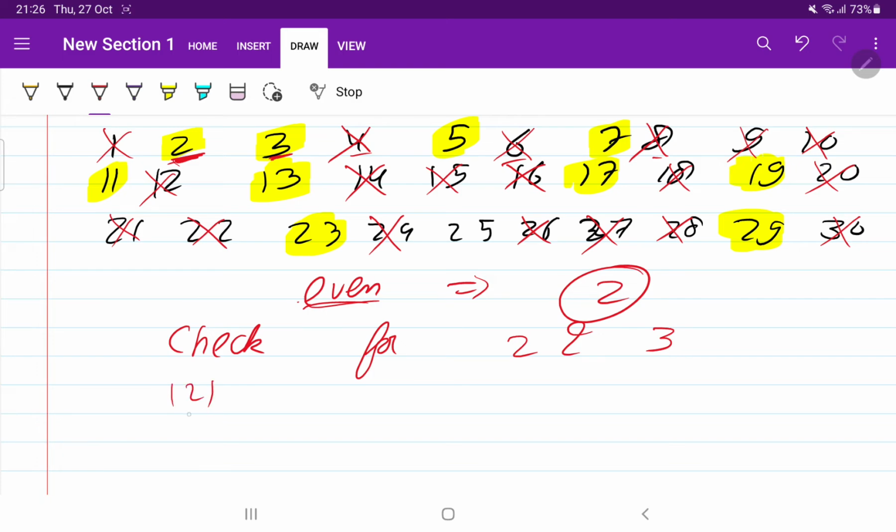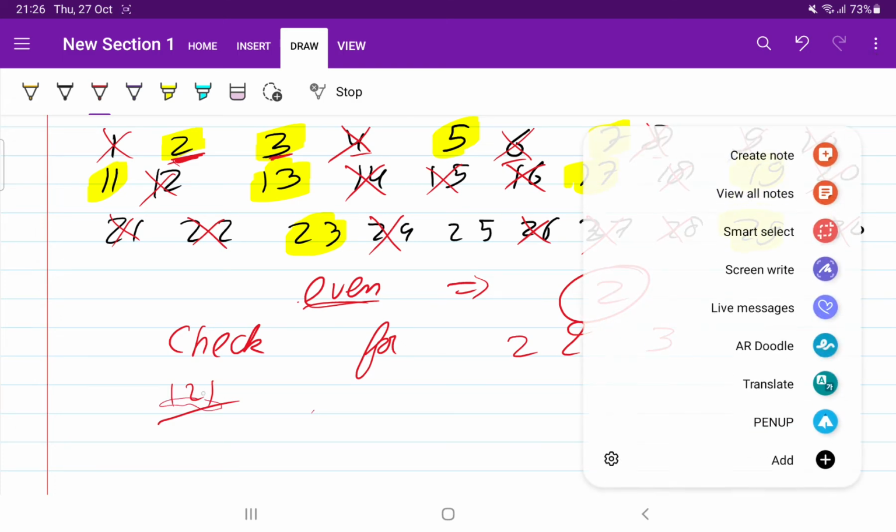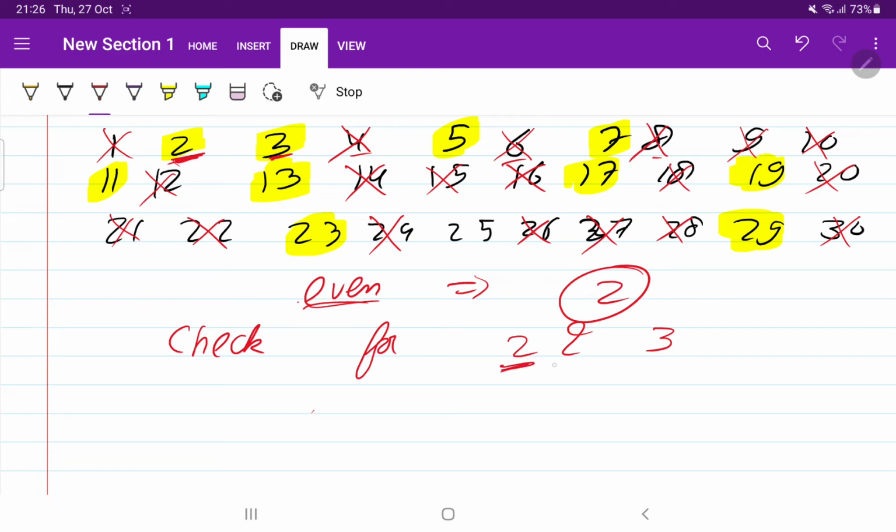Suppose a number is given, 121. Earlier we were starting with 2, 3, then checking 4, 5, 6, like this. But this time we will separately check for 2 and 3, because we need to reduce the number of checks.